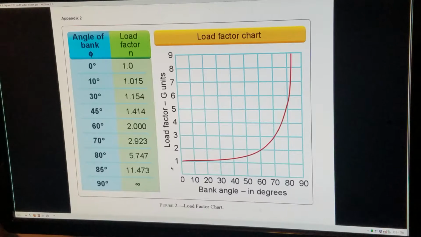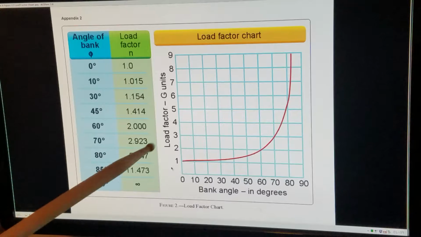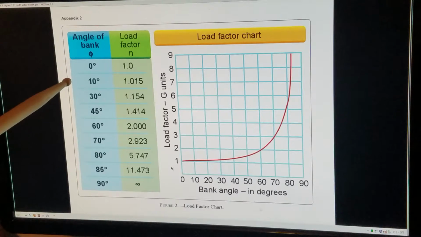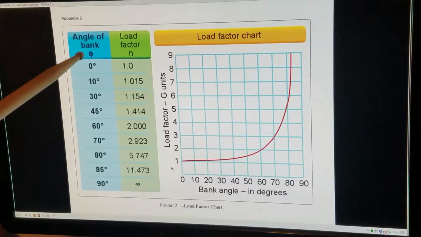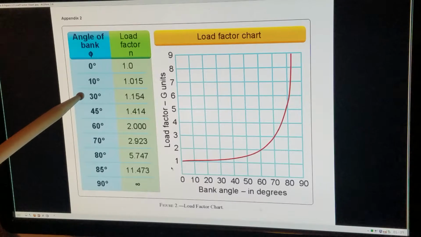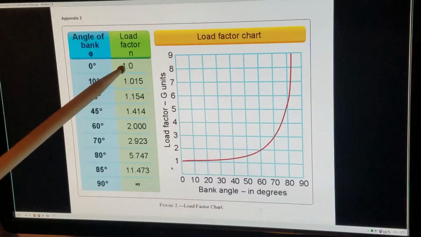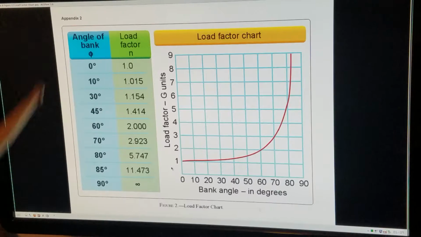For example, angle and load factor, there would definitely be a question. You should be able to multiply: if they give the weight, and the aircraft is banking at 30 degrees, then for the load factor you have to multiply by 1.1154.